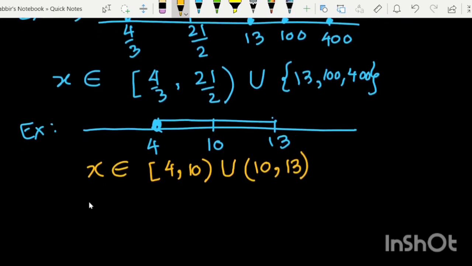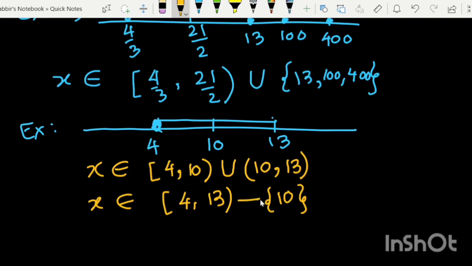This is one of the ways of writing it. Or else we can write it like this: x belongs to 4 to 13. But since 10 is not there, this 10 alone would be written inside a pair of curly braces, and now we will write this minus sign. Yes, the minus sign can also be used, guys.